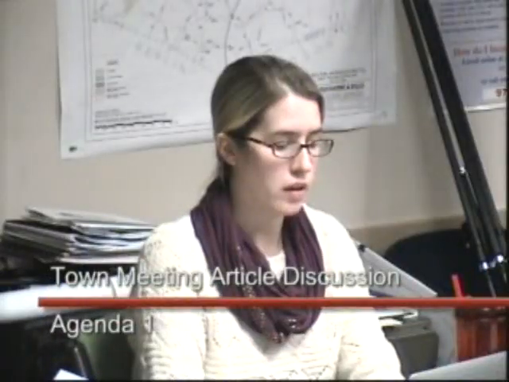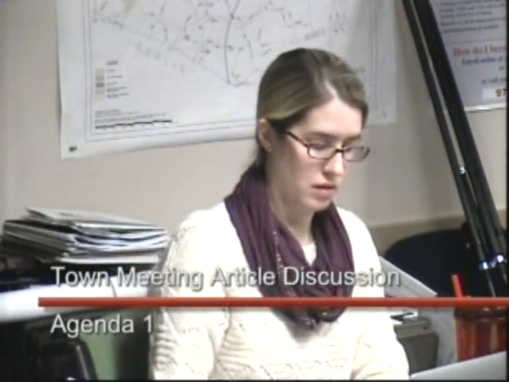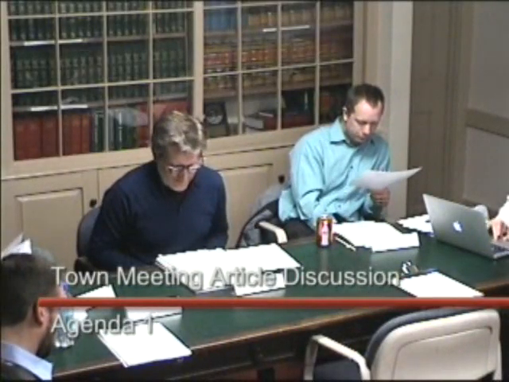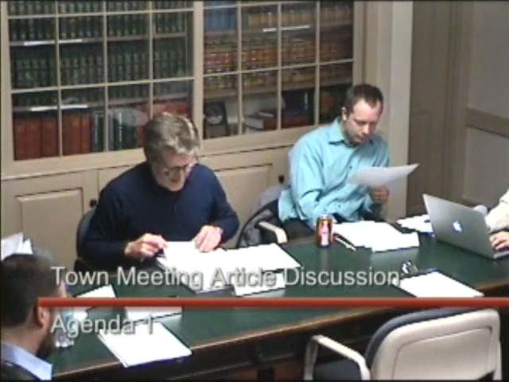Second. All in favor, say aye. Aye. Any against? So then we just have a map to approve. Before we do that, let's have one more motion to endorse the article to be passed at town meeting. I'd like to make a motion to approve and endorse Article 1 to be passed at town meeting. Second. All in favor, say aye. Aye. Any against?